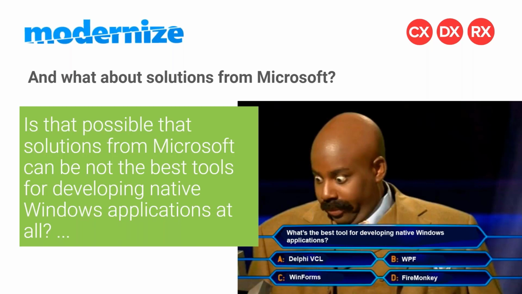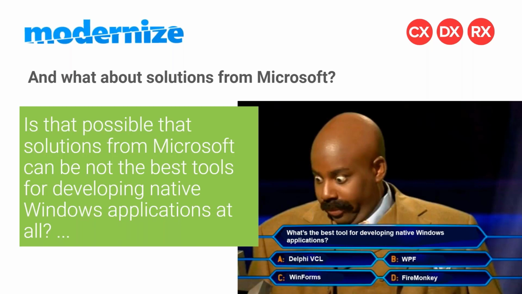Now, let's, for example, compare Delphi VCL and FireMonkey. You know that FireMonkey is just a different set of classes inside Delphi. It's just a different framework. VCL is only for Windows, Win32 and Win64 applications, but FireMonkey is a cross-platform framework.